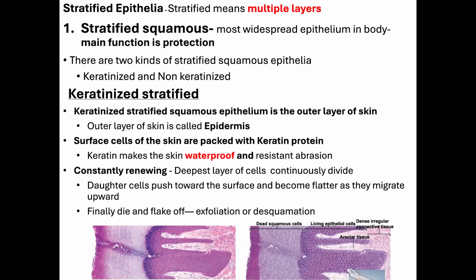And as it goes up and up, the surface is desquamating. That's what we shed as dander. So it's constantly renewing. And finally, it flakes off or it exfoliates.